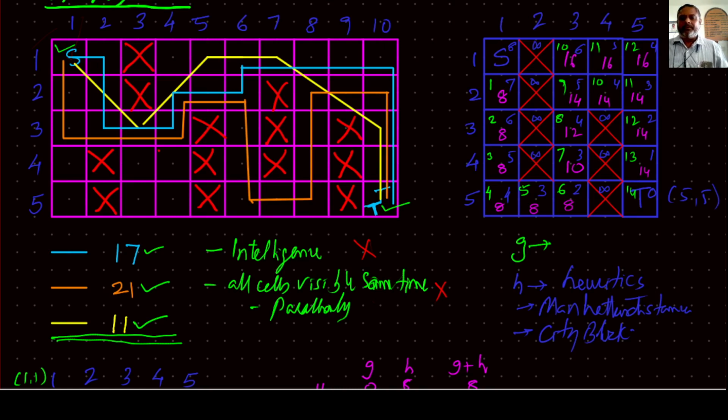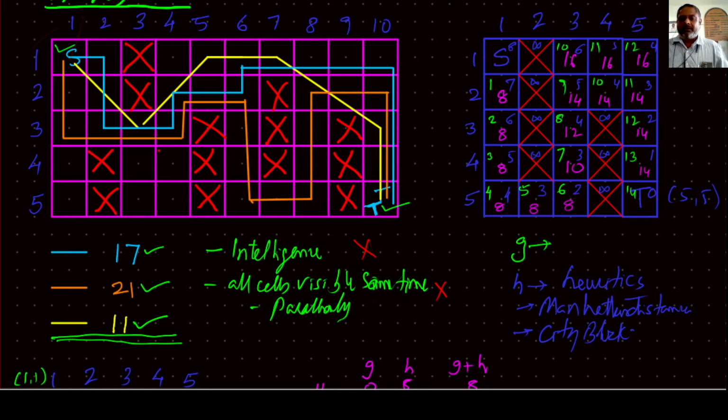Then we can go upward: 7, 8, 9, 10, 11, 12. From this 9 we can go this way to 10, 11 and this 12. Instead of going this way, if you had come this way, then it is 11, 12, 13 and 14. So these are the various paths we could think of.